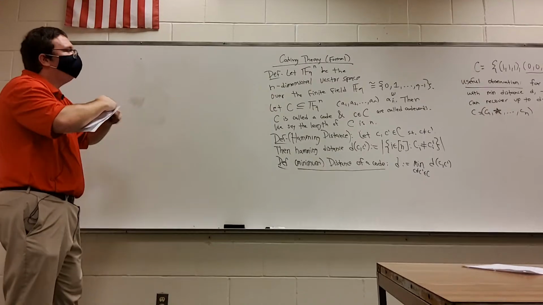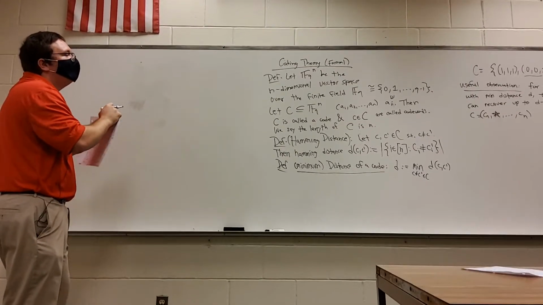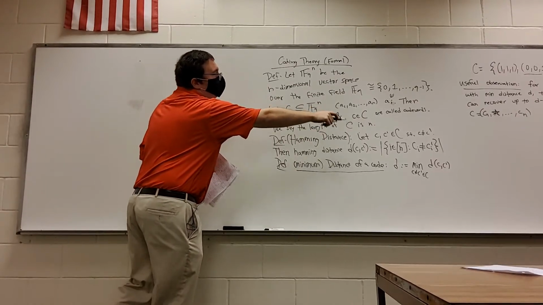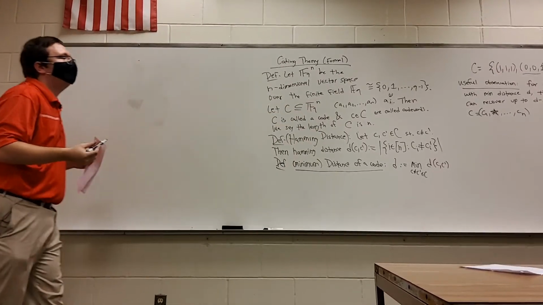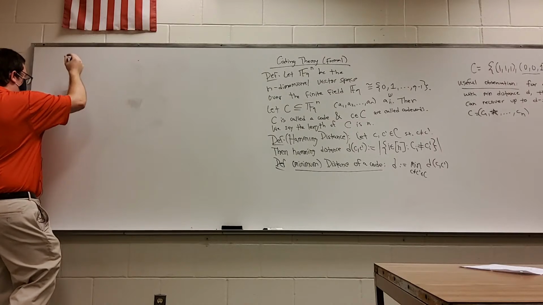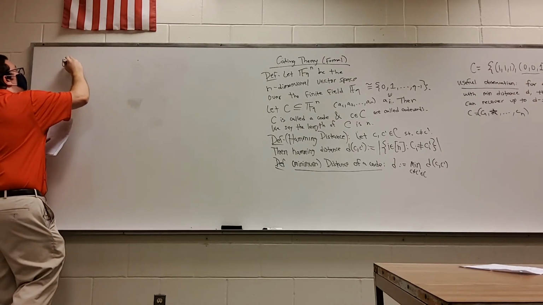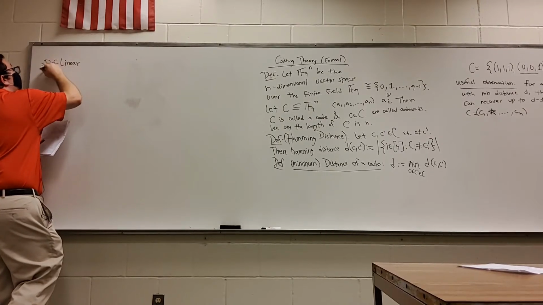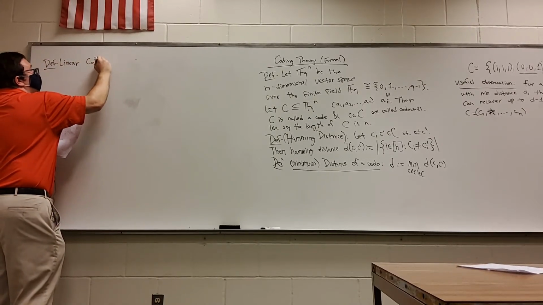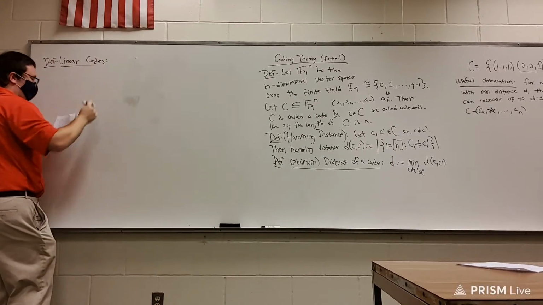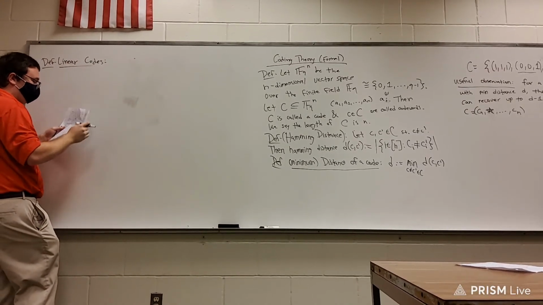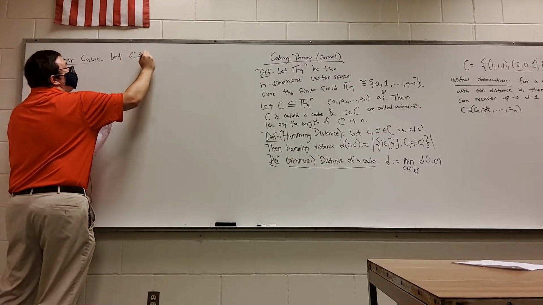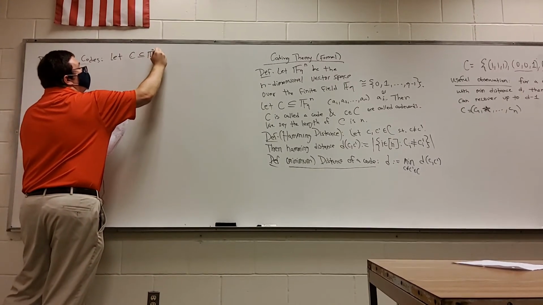So now, so we know the length of a code, we know the minimum distance of a code. Now there's one final property we'll consider. So another definition, linear codes. And so let C be a subset of F_q^n.